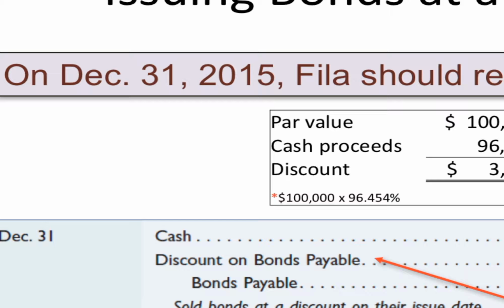In this case, there are only going to be 4 interest payments, so 1/4 of this amount will disappear from the discount on bonds payable account each interest payment. By the end of the term, this discount will be 0 because we will have pulled out whatever discount we gave them and applied it to the interest payments. You'll see in a second what the journal entry looks like.